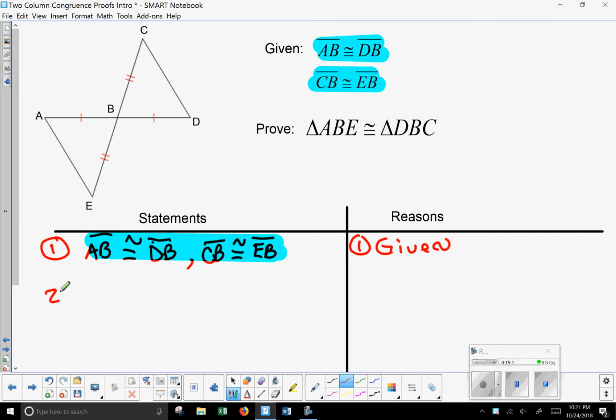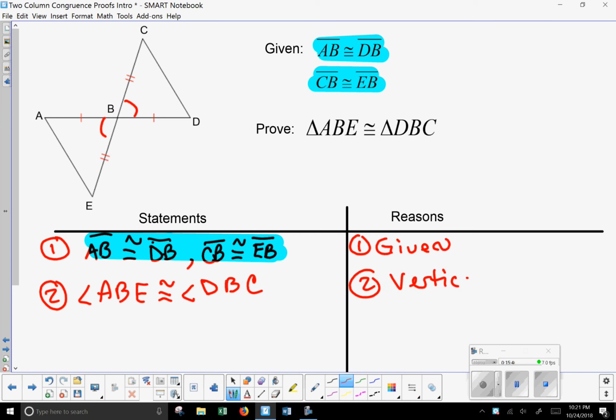What was the second thing we did when we did this on the previous screen? Oh, we identified that we had vertical angles. All right, so I know angle ABE was congruent to the angle DBC because vertical angles are congruent. All right, just like on the previous screen, except I just am writing it into two-column proof instead.